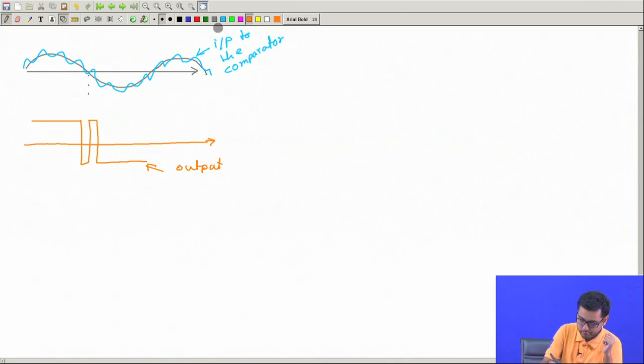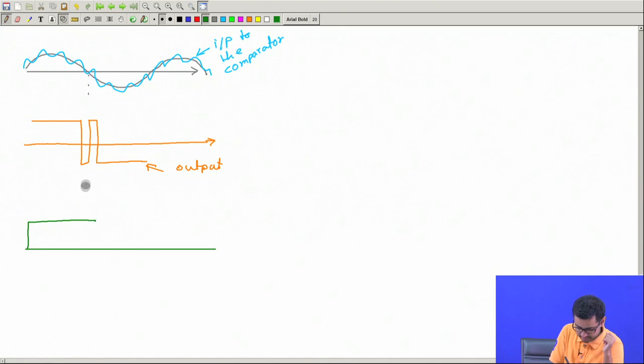But how do we want the output to be? The desired output should be like this. From here to here it should be positive, and then it should be negative from here to here.